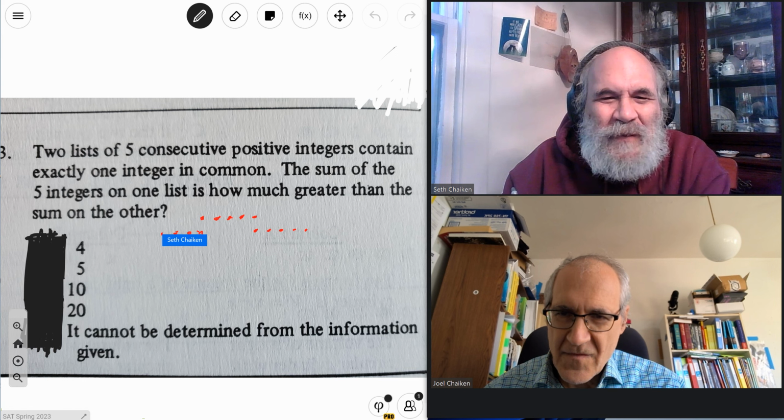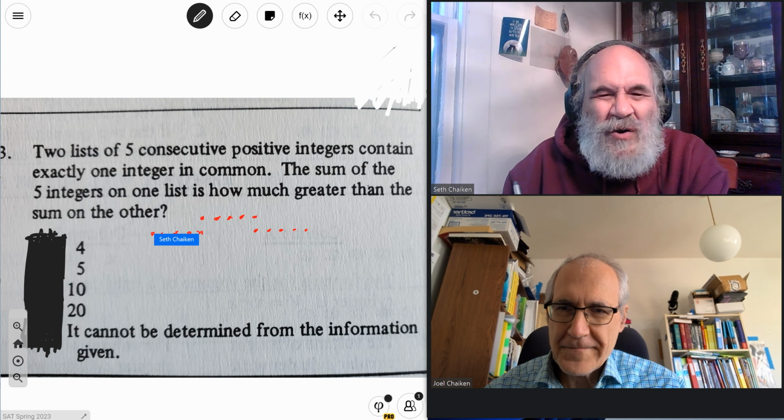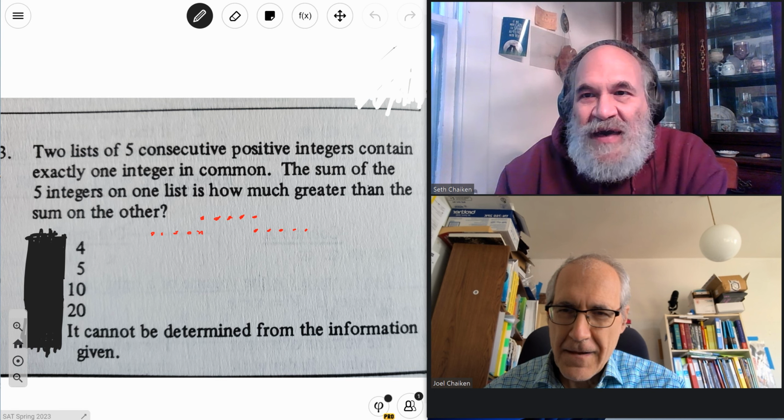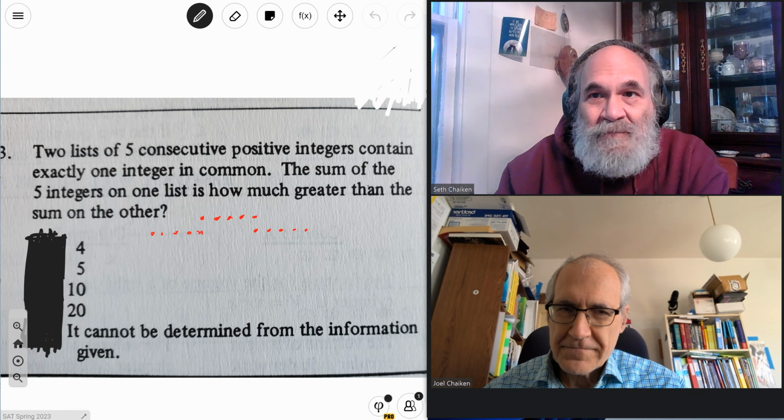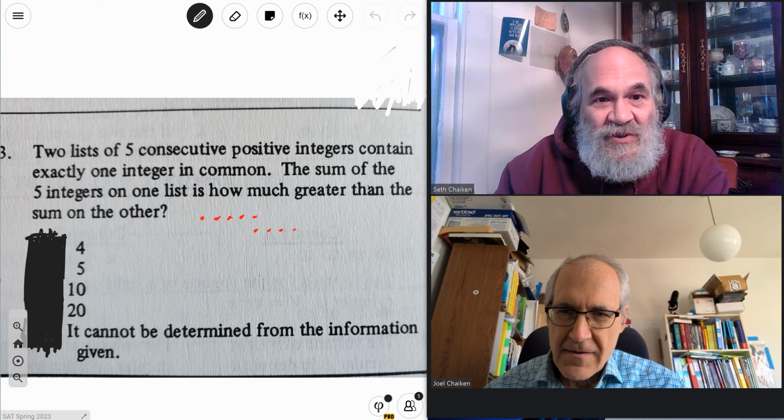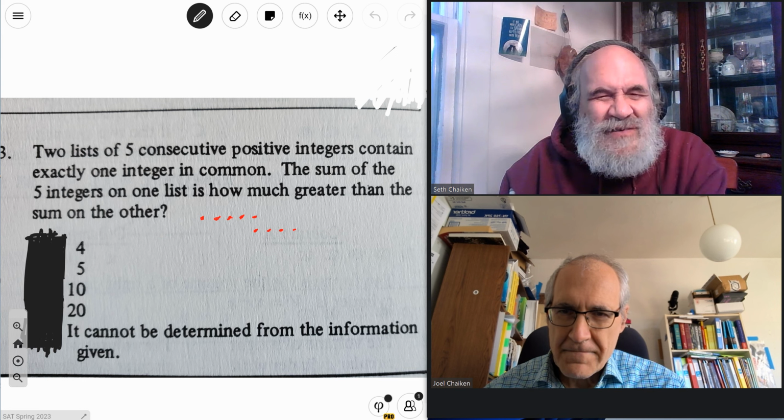So what we mathematicians say, without loss of generality, let's consider this case.